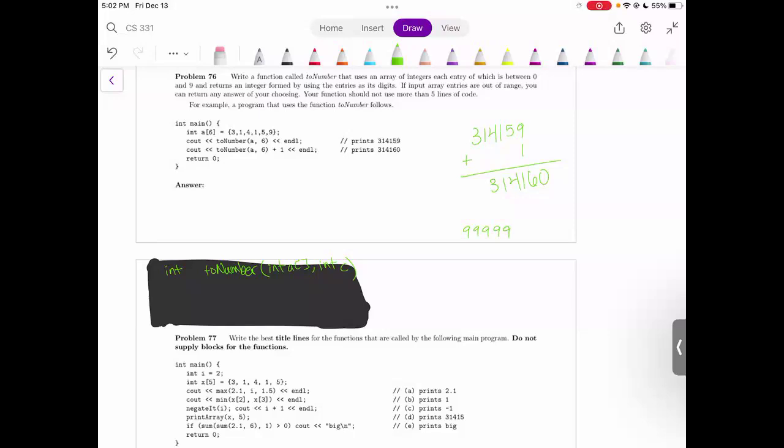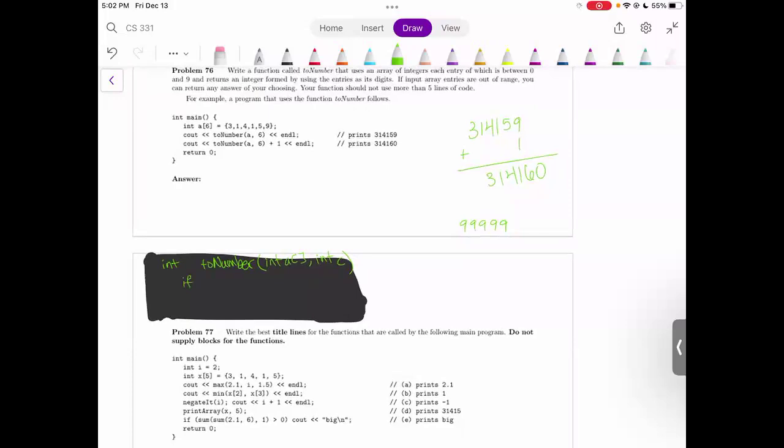If, so we want to say if the capacity is less than or equal to 1. Does somebody have a question? If the capacity is less than or equal to 1, we just return the first position because there's nothing for us to really do.